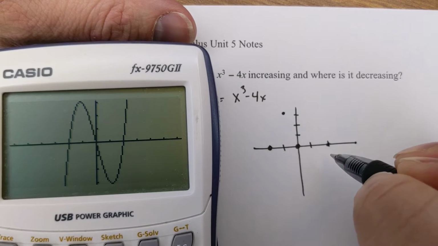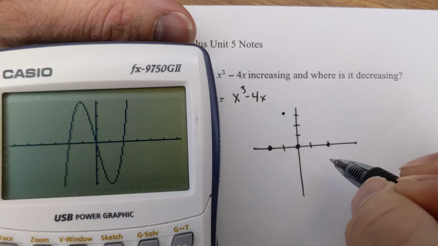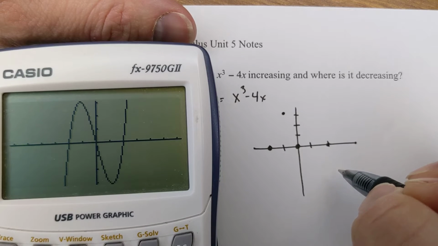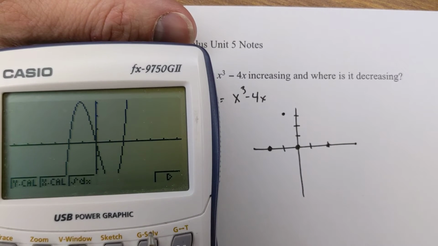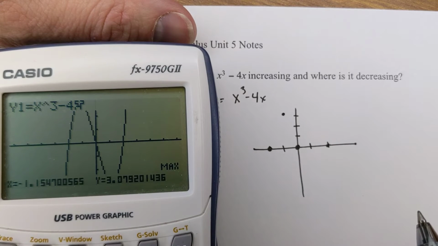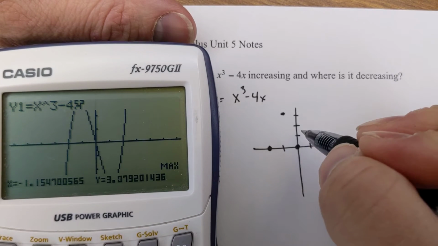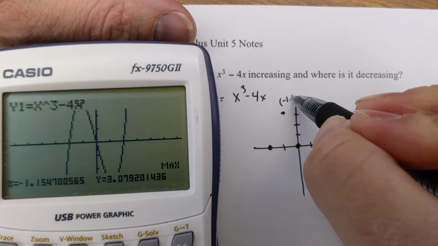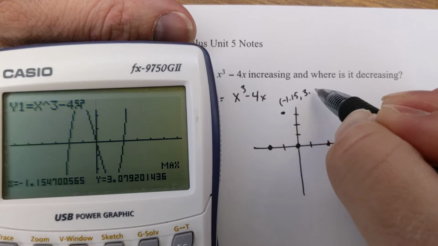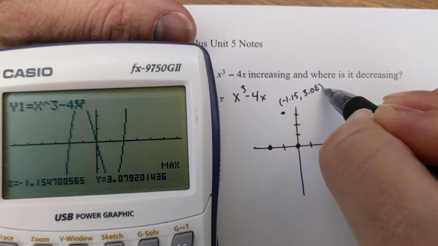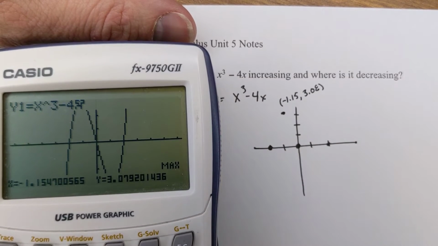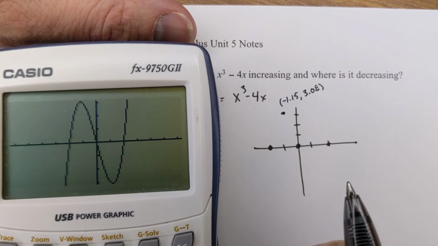We have a minimum at positive 1. That max point is actually negative 1.15, comma 3.08.